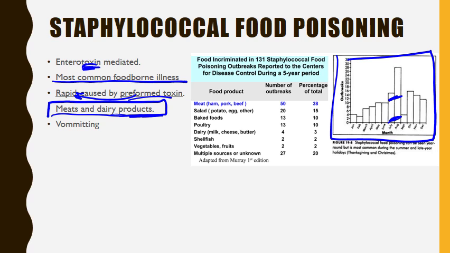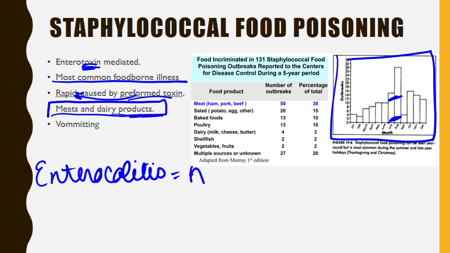Some strains of Staph aureus can cause enterocolitis, which is basically a watery diarrhea, abdominal cramps, and fever. It typically occurs in patients who have recently been on some sort of broad spectrum antibiotics that basically are suppressing the normal microflora of the gastrointestinal tract, and that allows the Staph aureus to grow there.